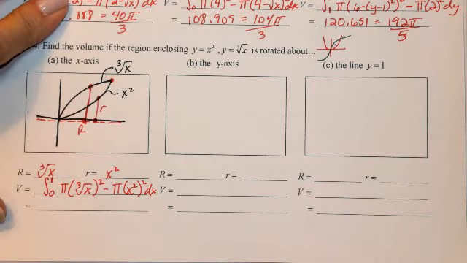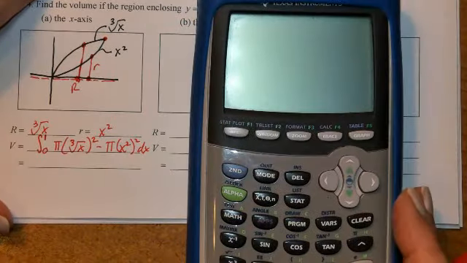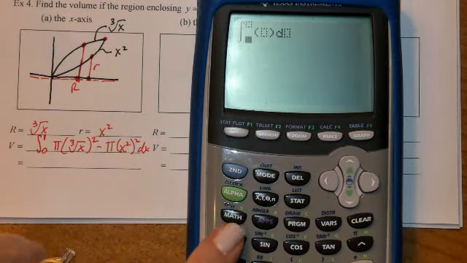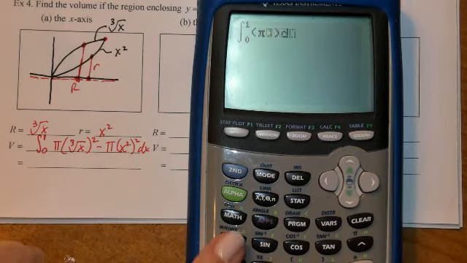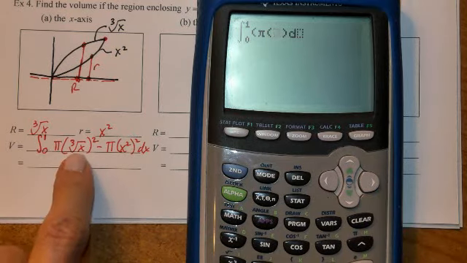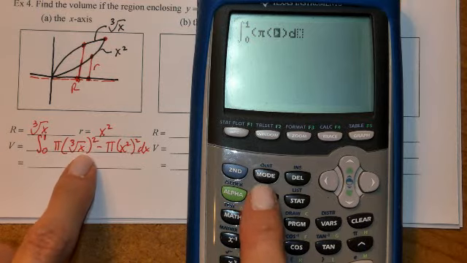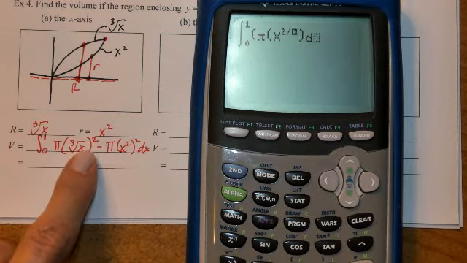I am going to put that on my calculator because I want to make sure you guys can do this one. So grab your calculator and make sure you can do this one. Math 9, 0 to 1, pi times the cube root of x squared, I'm going to type in x to the 2 over 3.